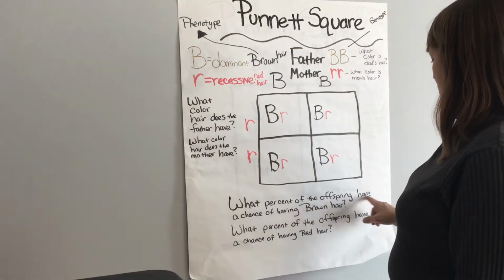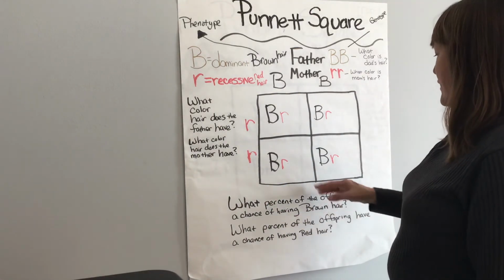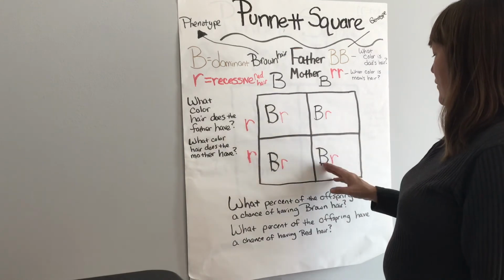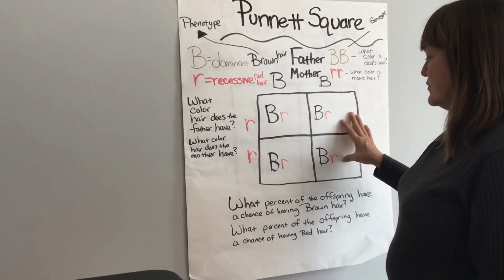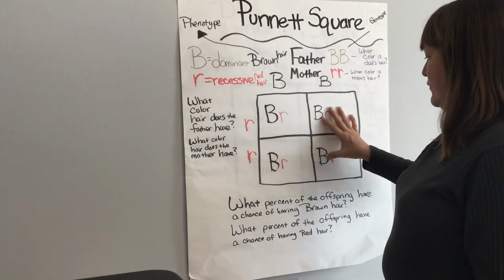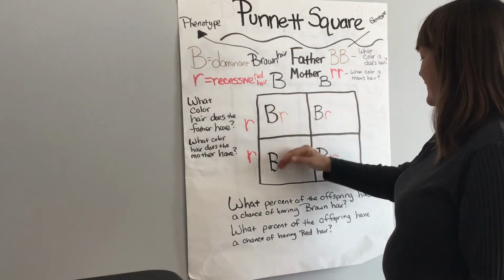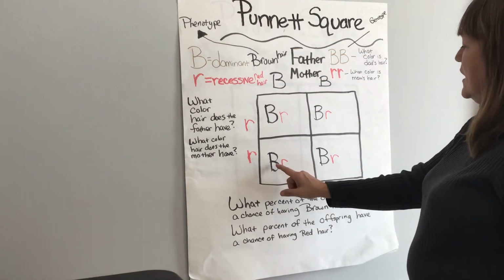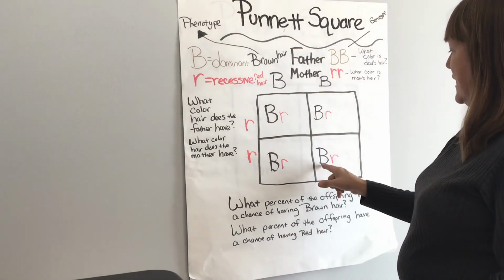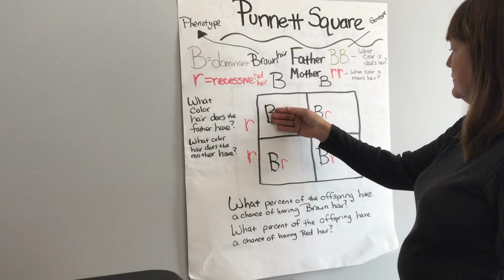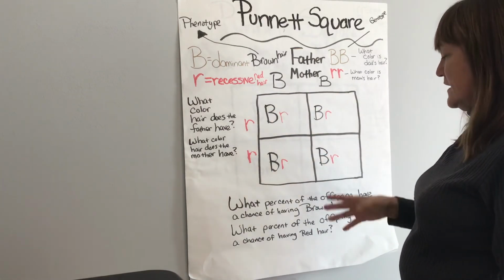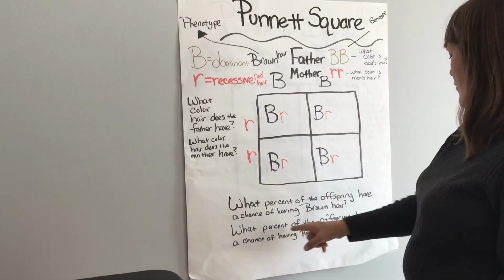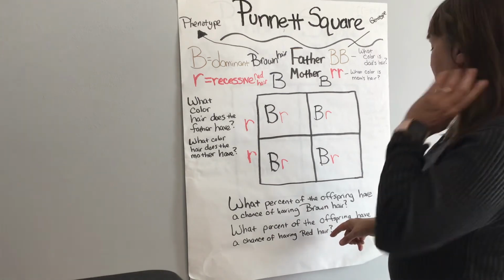And what percent of the offspring have a chance of having brown hair? 1, 2, 3, 4. 4 out of 4, so 100%. If you only have 4 boxes, remember each one is worth 25%. It's a way of thinking of it. So you have a dominant for each box, so that's 25, 50, 75, 100% chance. Okay, and what percent of the offspring have a chance of having red hair?